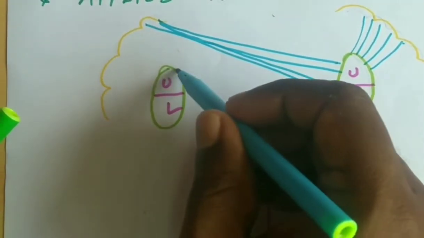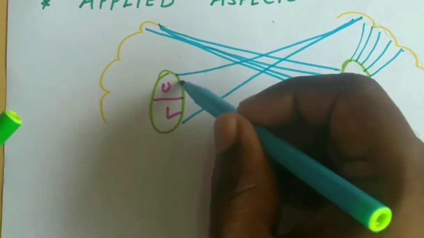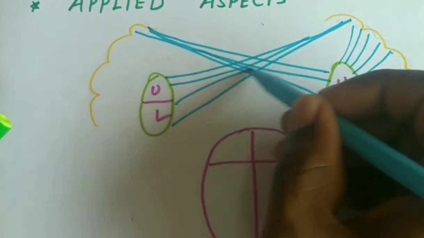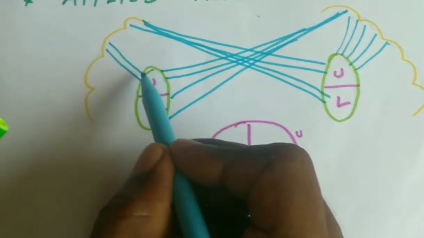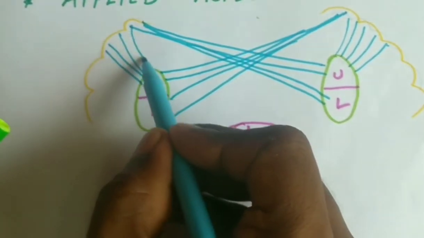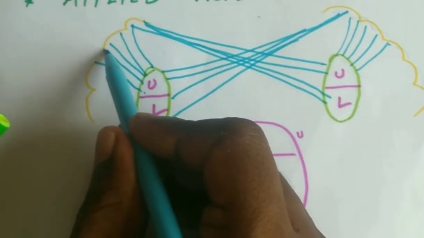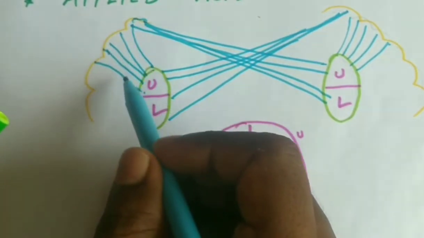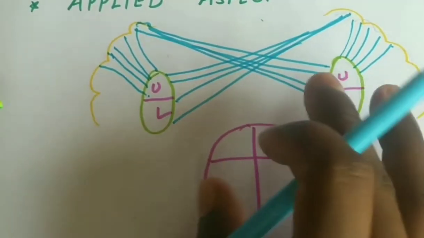Similarly, it happens on the other side also. Usually, the opposite side cortex entirely controls the facial nucleus, but the upper part of the facial nucleus also receives fibers from the cortex on the same side. So the upper part of the facial nucleus has bilateral representation in the cortex.